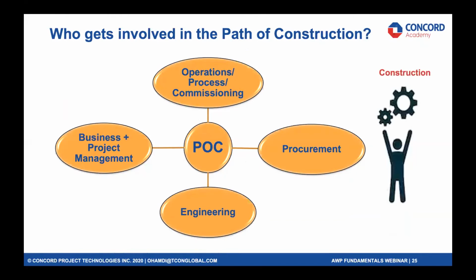Now, I really wanted to insist on who gets involved in the path of construction development. Definitely the project team. I would like to mention that the business also gets involved. I'll emphasize this because your project sponsor generally has as part of his major role identifying trade-offs, especially the major cost and schedule trade-offs.